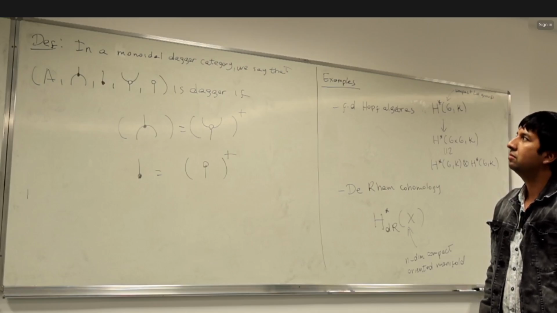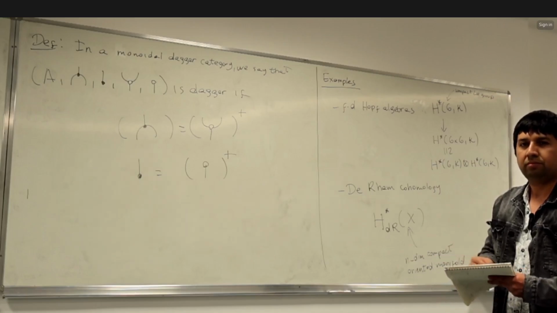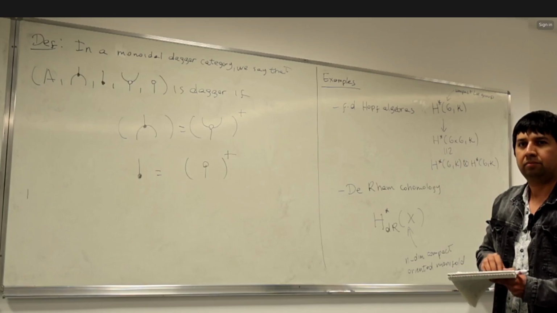So you automatically, by applying the dagger, get the comonoid data from the monoid.